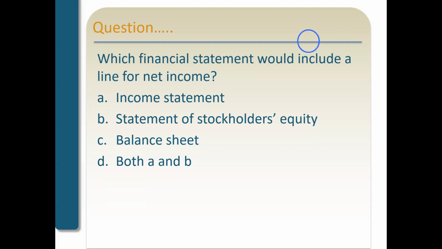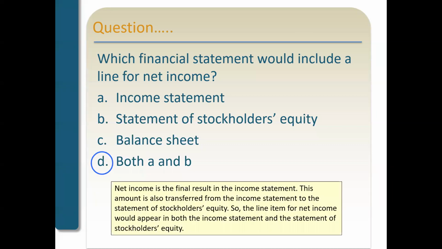It is A and B, because the income statement has net income, but the statement of stockholders' equity under the retained earnings section has a place to add our net income, and then it has a place where we subtract our dividends. So those are the financial statements.